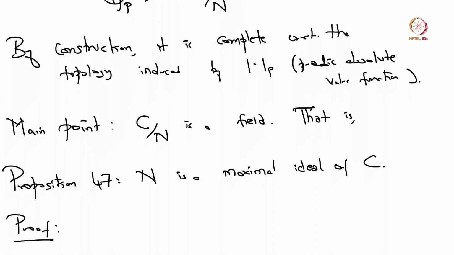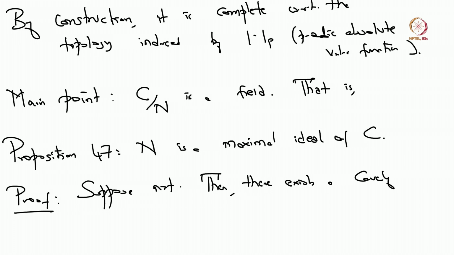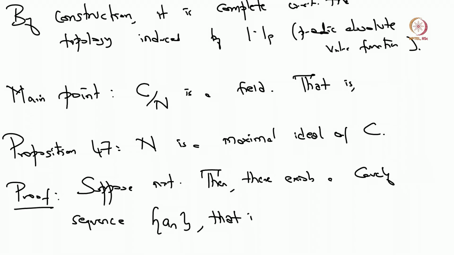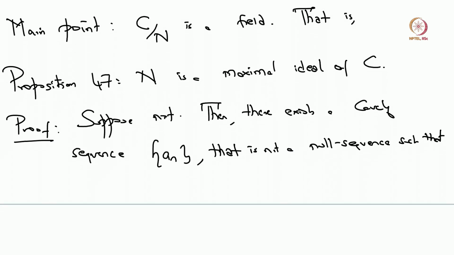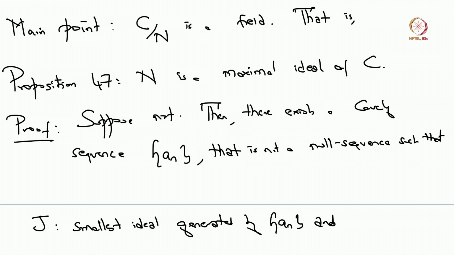Okay. So suppose not, then there exists a Cauchy sequence, say a_n, that is not a null sequence, such that when you look at, say, J is the smallest ideal generated by the sequence a_n and n.